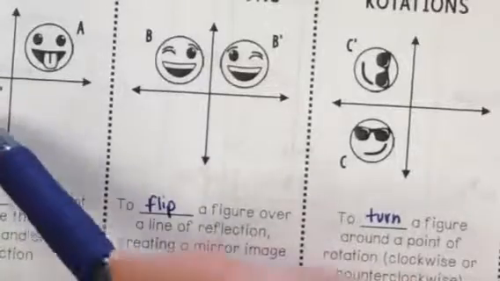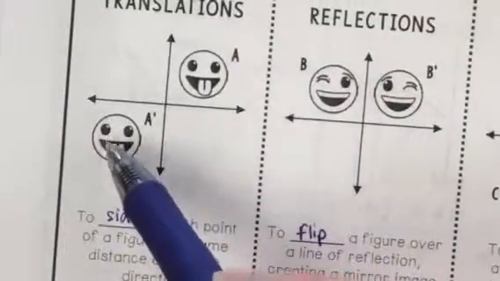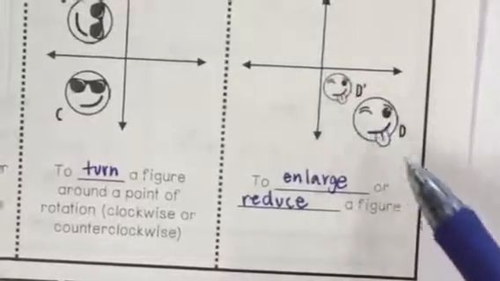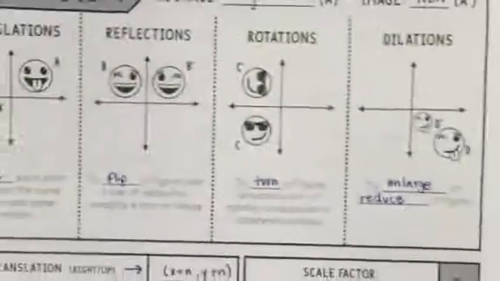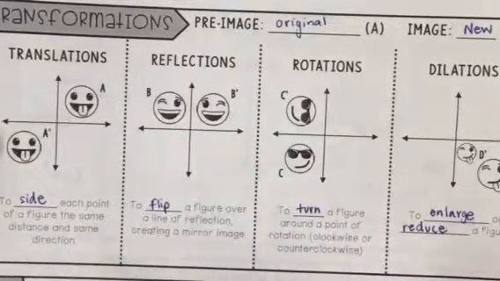And if you look at our examples here, the happy face is turned this way, and in a translation it's still the same way. The same thing with a dilation, still looking the same way. It did get bigger, but it's still looking the same way. Whereas with the reflection and the rotation, the way that it was oriented changed.